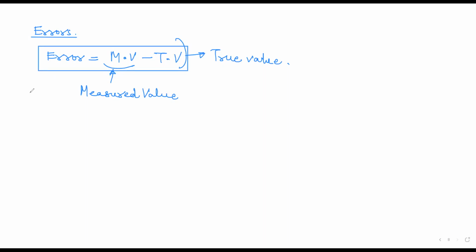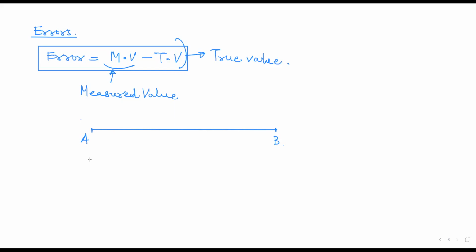Now how do we measure the error? Please pay attention. This is a line which is drawn on a paper. It starts here and it ends here. This is the length AB of this line segment. Now here is a scale.